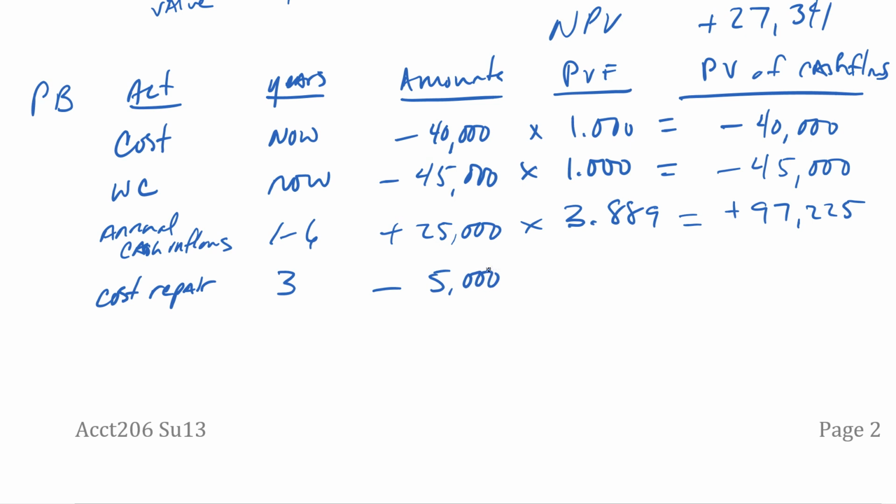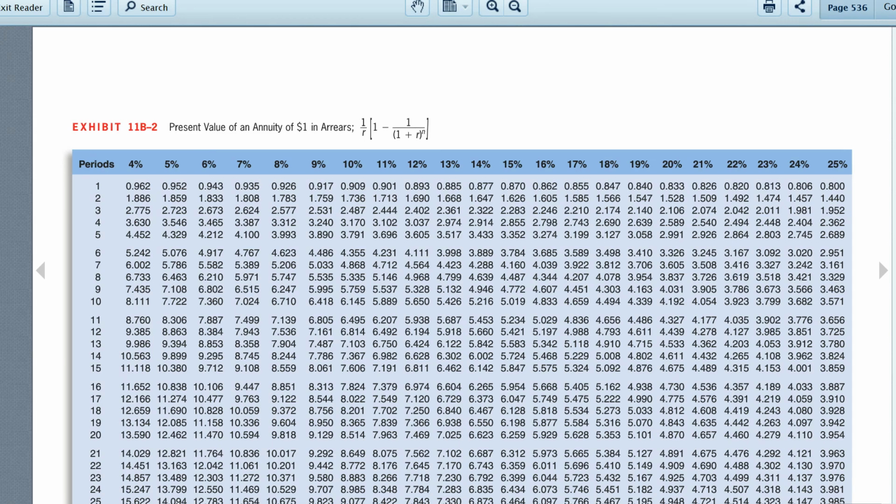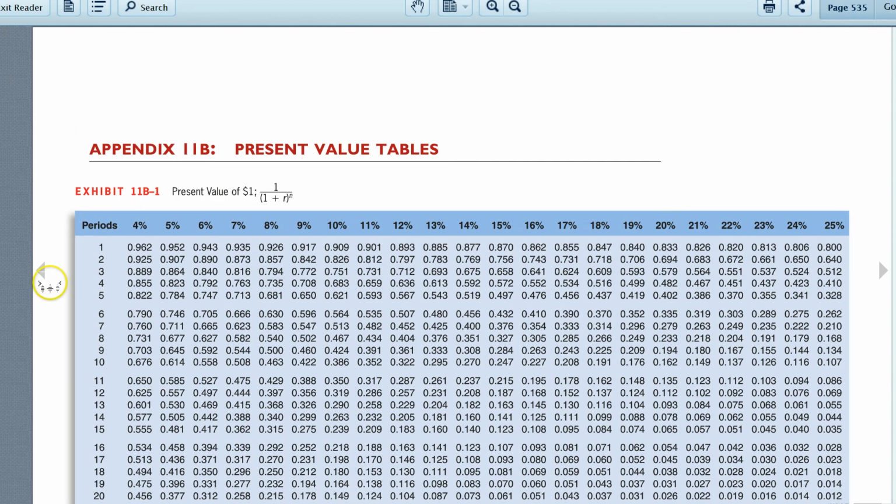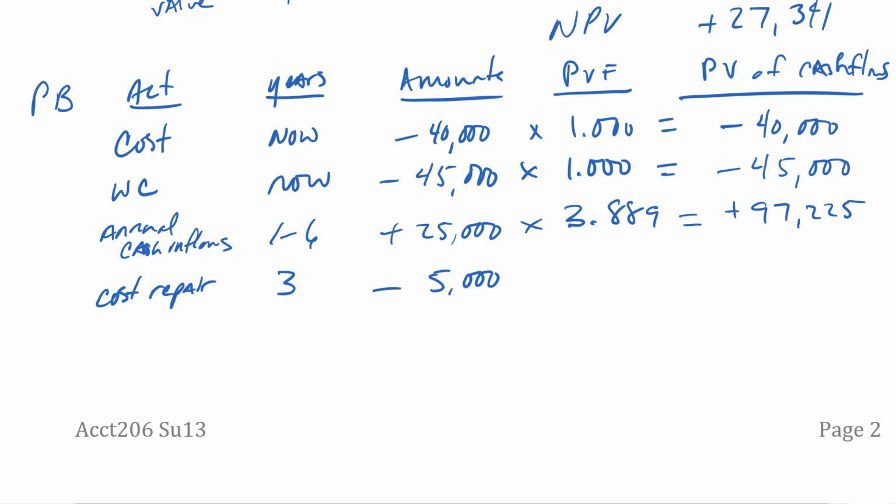We're going to have to pay that. Now we need to figure out, again, this is a present value of a single dollar. It happens one time at the end of year 3. So 14% for 3 periods is 0.675. So I multiply that by 0.675, and I get minus 3,375.